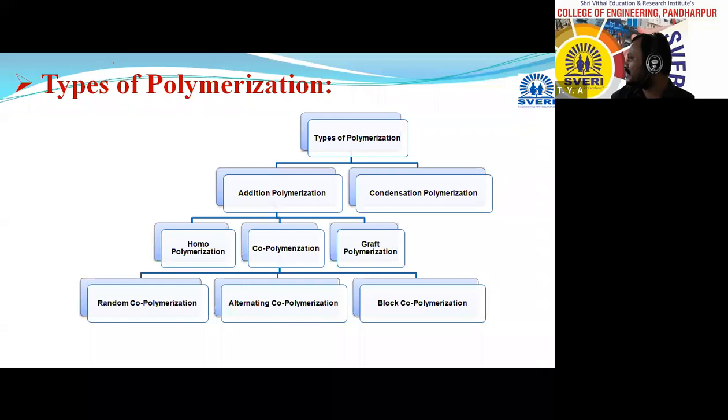Different options will be there, or match the pairs. Match the pairs means on one side they will give addition polymerization, condensation polymerization, coordination polymerization, and on the remaining side they will give the examples. You just have to match the correct pair.